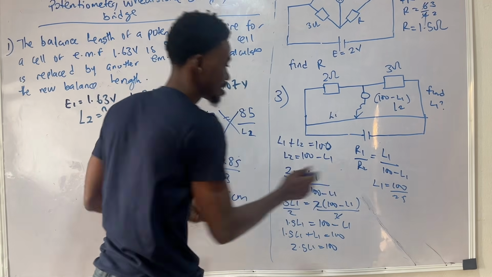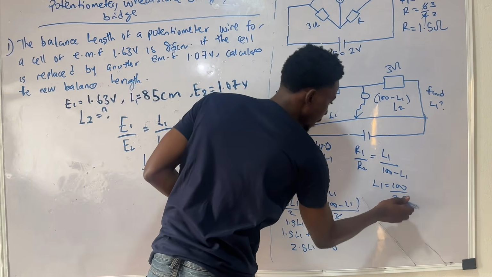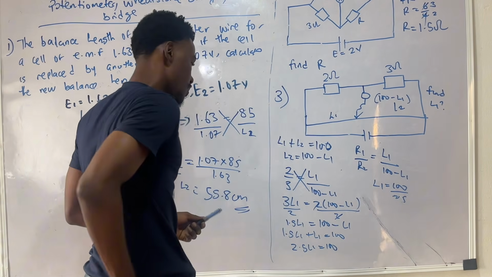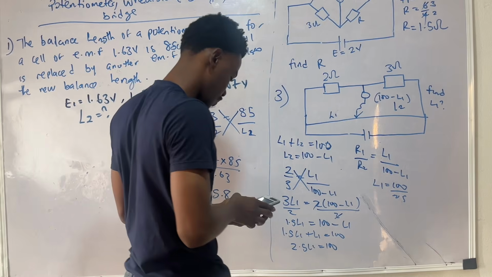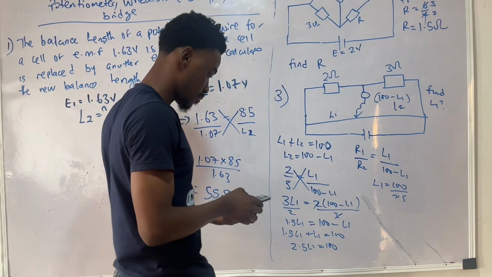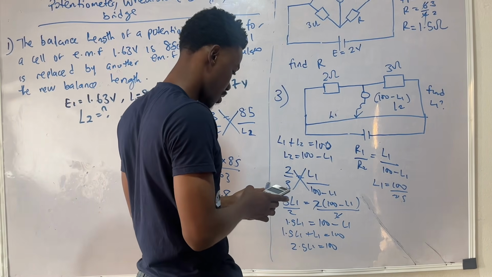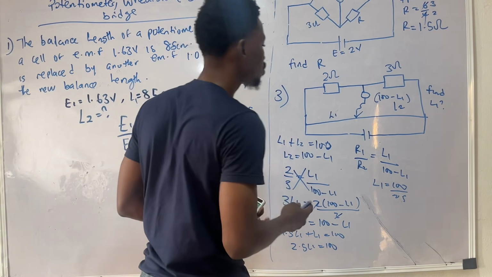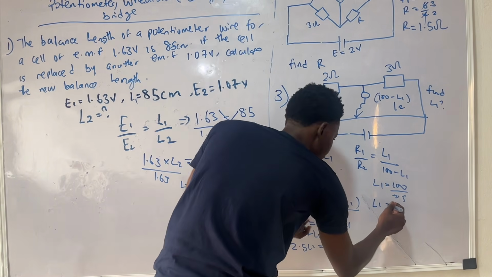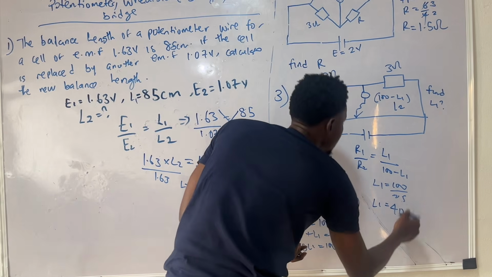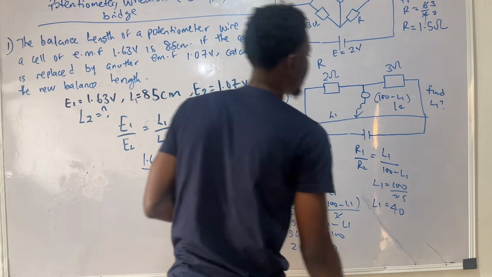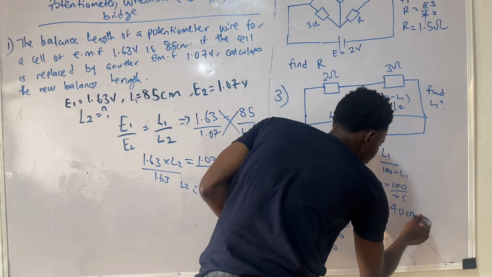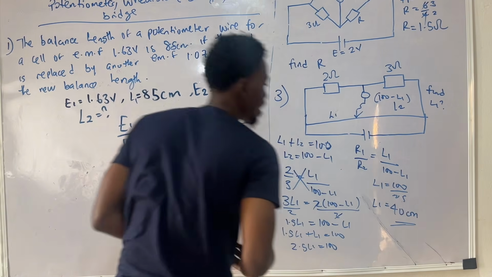Punching that, not 25, but 2.5, into my calculator, I have 100 divided by 2.5. So 100 divided by 2.5 is 40. So that is 40 centimeter in this calculation here.